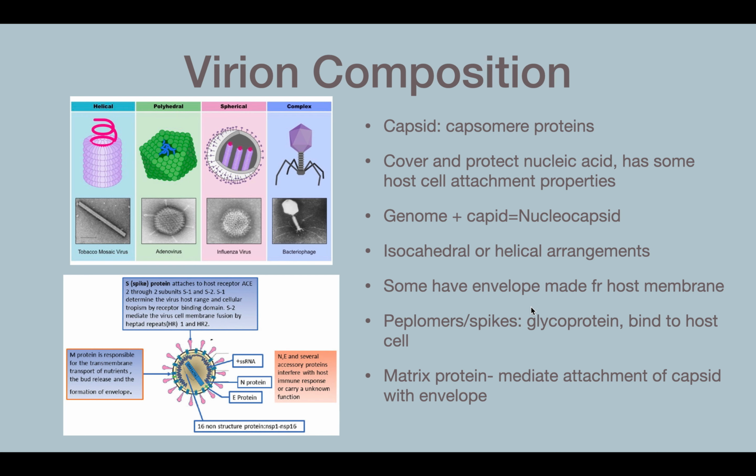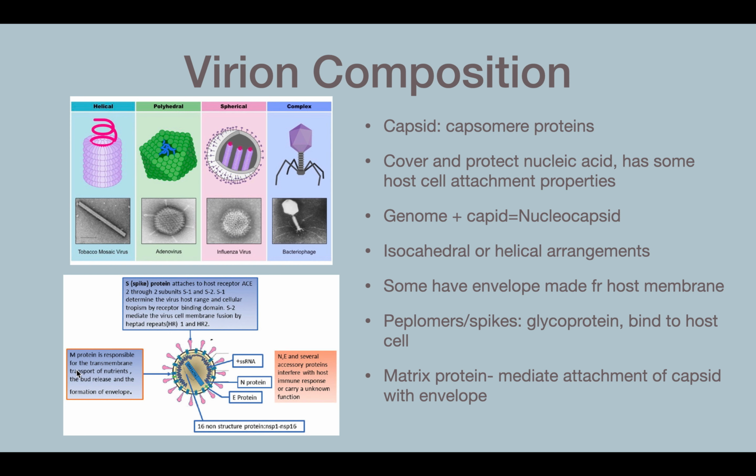Some of them have an envelope surrounding the capsid, and that is made from the host membrane through budding. Peplomers or spikes are made out of glycoproteins, and these are your attachment molecules. They attach to the host receptor, like ACE2, through a variety of subunits, and these will determine the virus's host range and cellular tropism, so what the virus is going to bind to.